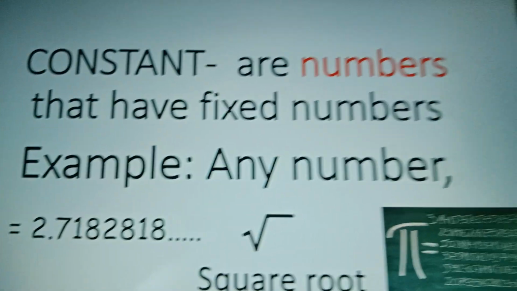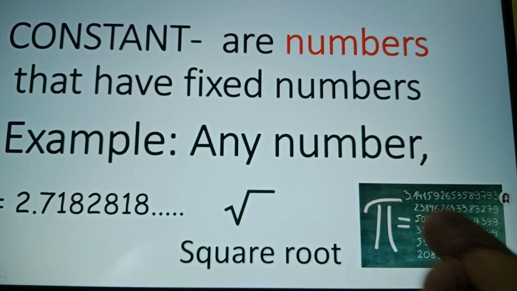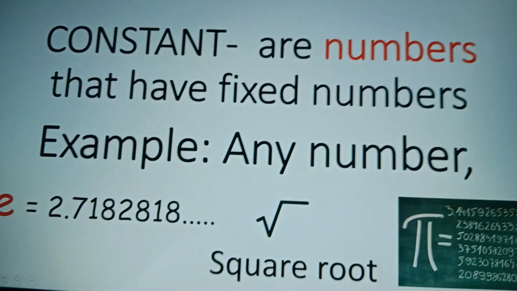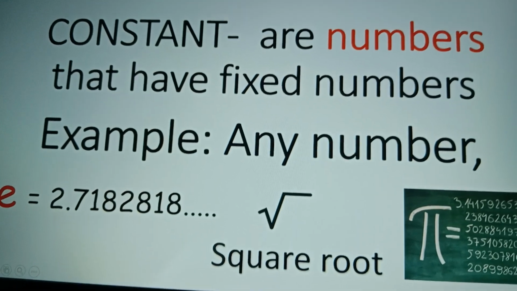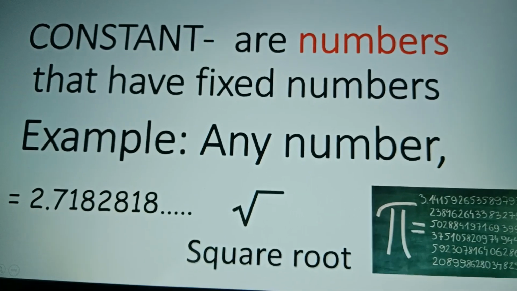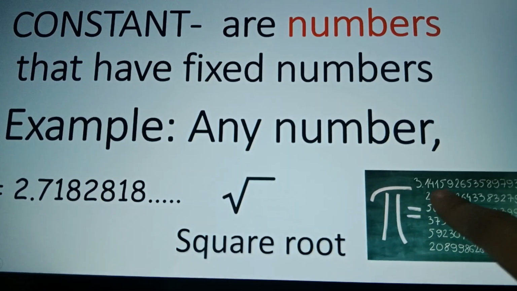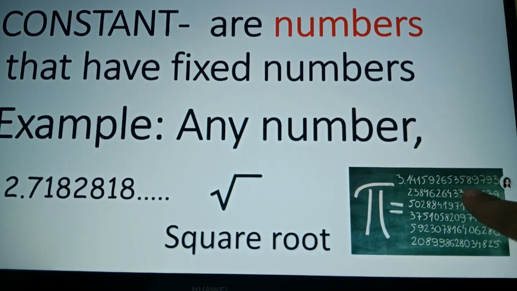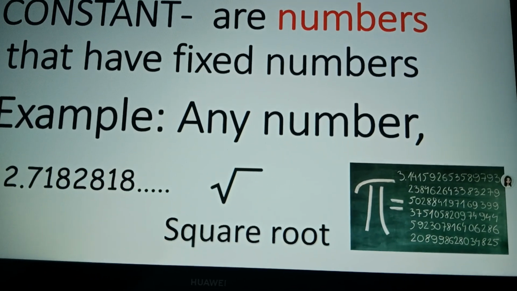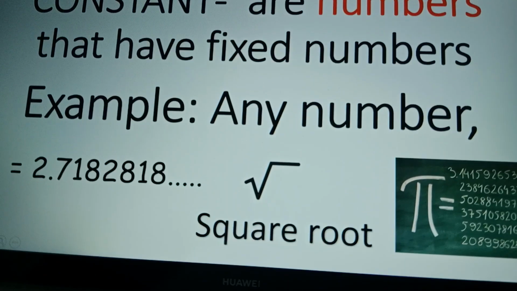Another constant example is the square root, because the square root is getting the root of a number when something is put inside it. Okay, it is part of a constant. And another example that doesn't look like a number is pi, which has the equivalent of 3.1415, and it does not end.